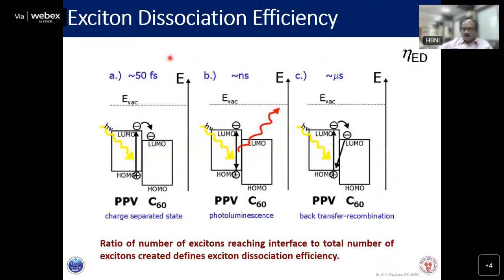By combining all these processes, finally the ratio of the number of electrons reaching the interface, this interface, and not recombining before that, to the total number of excitons created gives you the exciton dissociation efficiency.